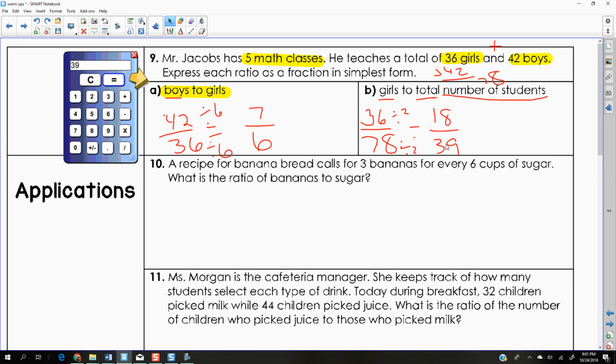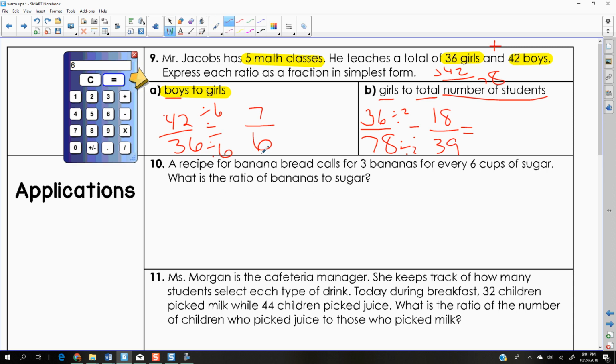So 3 plus 9 is 12. Well, 3 will divide into 12, so I know that 3 will divide into both of these. So let me go ahead and write my equal sign. So now I'm going to divide both by 3. So 18, and since we have a calculator, let's use it. We don't have to do all that math. 18 divided by 3 is 6.